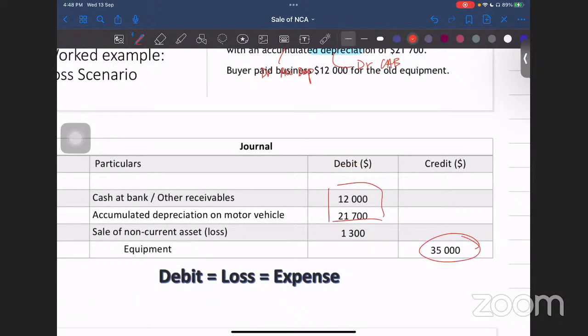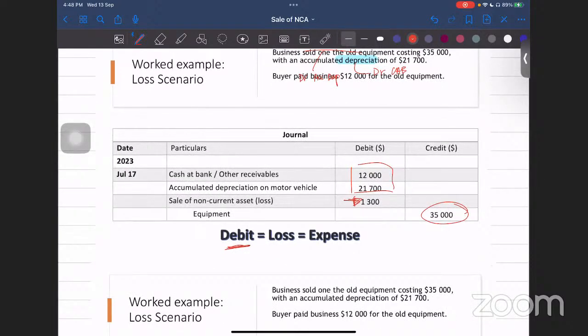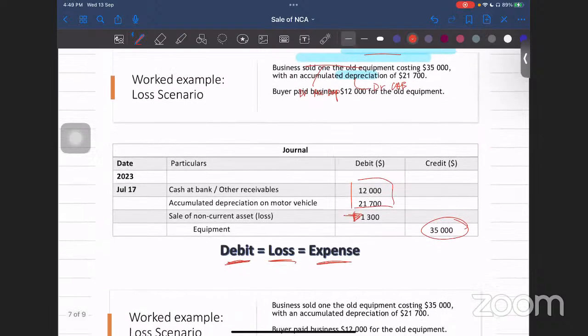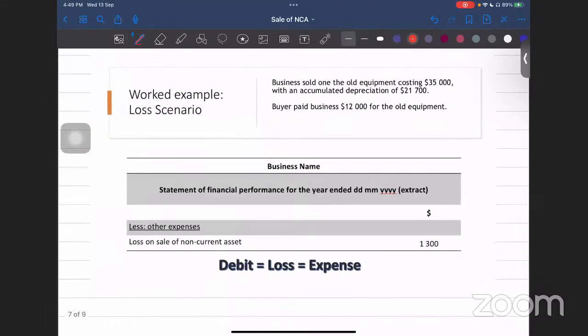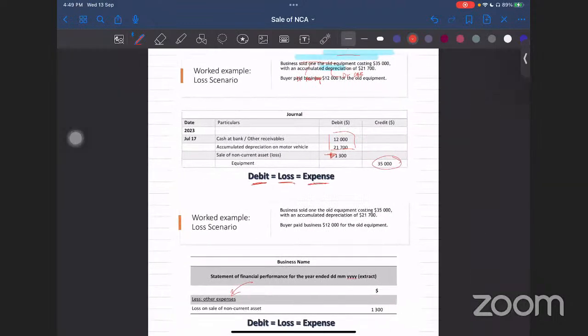To make this balance, you need to debit another 1,300. Same thing: if it's at the debit side, it means we are making a loss, it's an expense. Since it's an expense, I will show it under other expenses in my statement of financial performance.